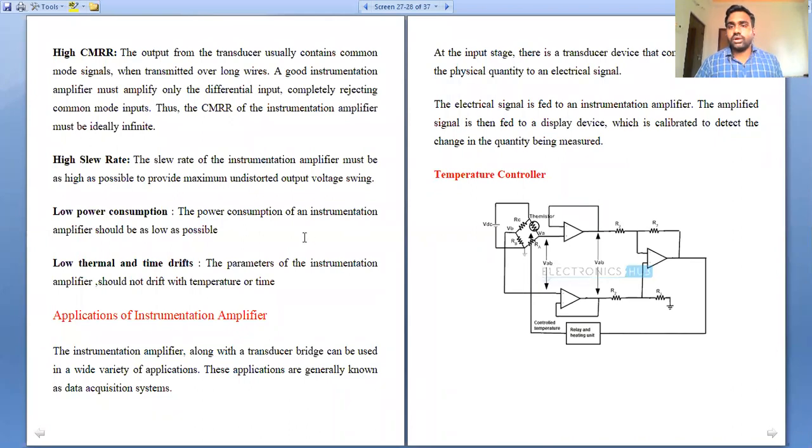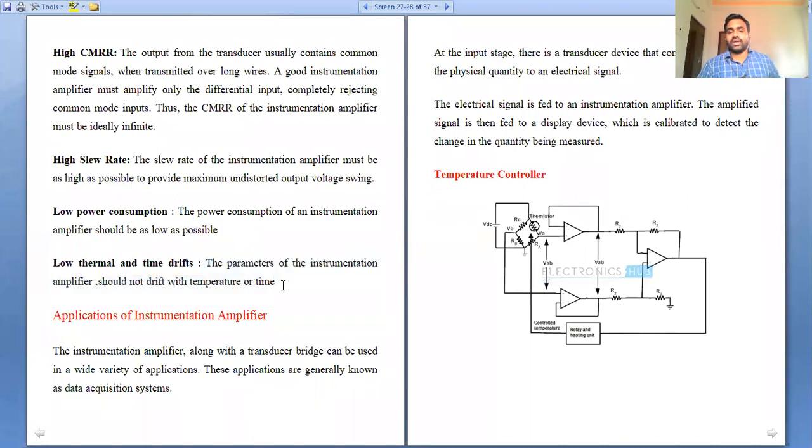So we have to take additional auxiliary equipment like heat sinks and cooling fans, and that will increase the cost of the system. In order to eliminate that condition, we have to design an instrumentation amplifier with low temperature drift, or low temperature effect.